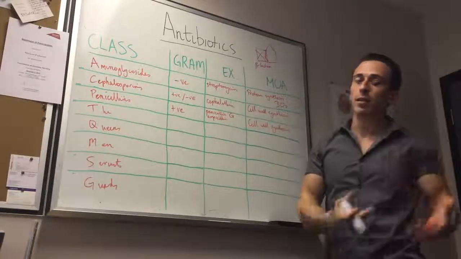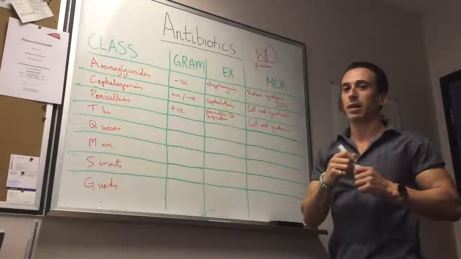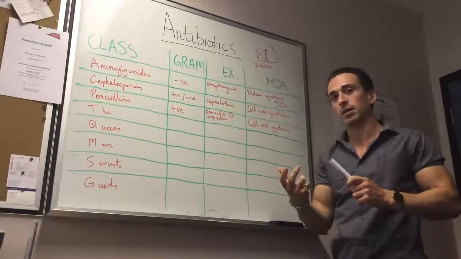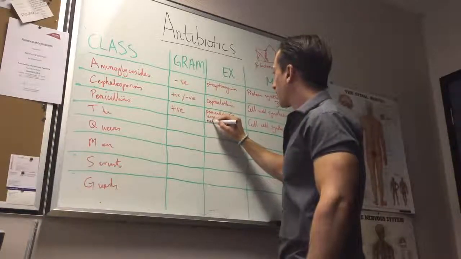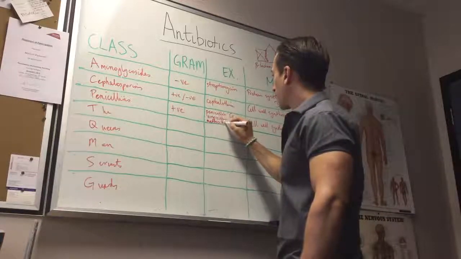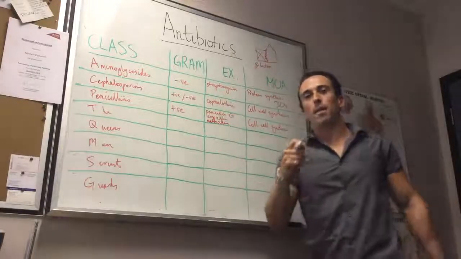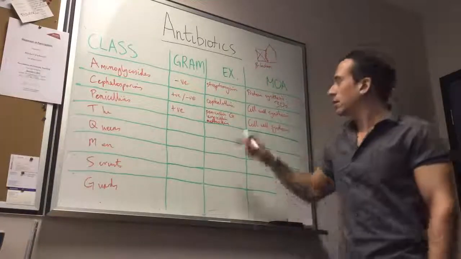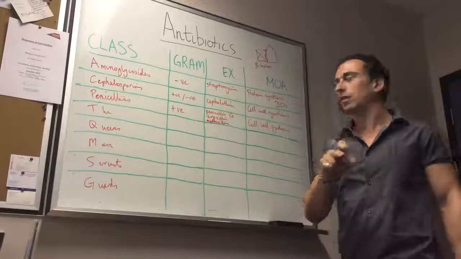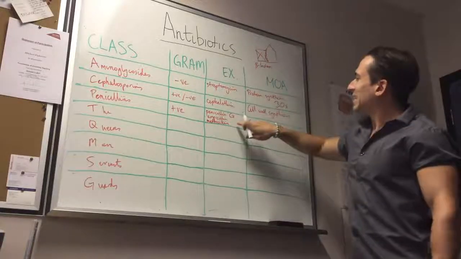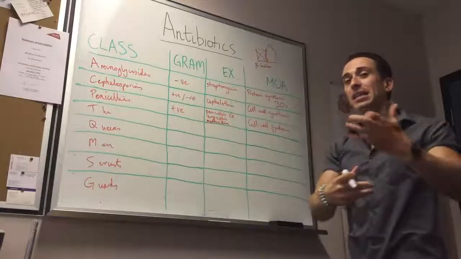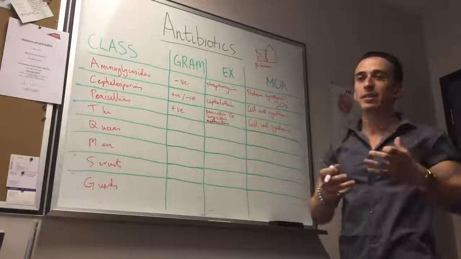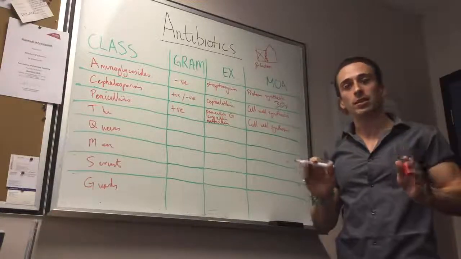So again, to get around this, scientists have created another type of penicillin called methicillin. Methicillin has been extremely effective in the past because it is basically immune to the beta-lactamase and the penicillinase, which seem to have no effect on it.